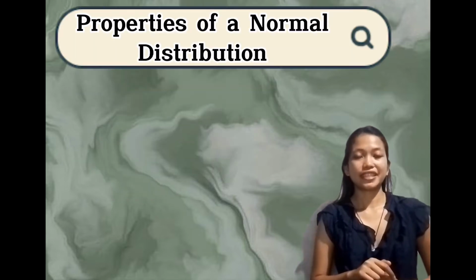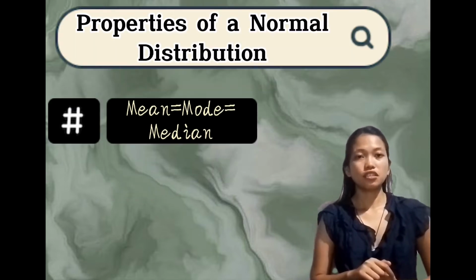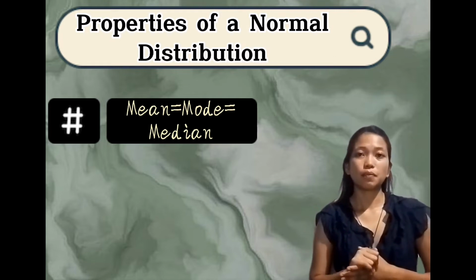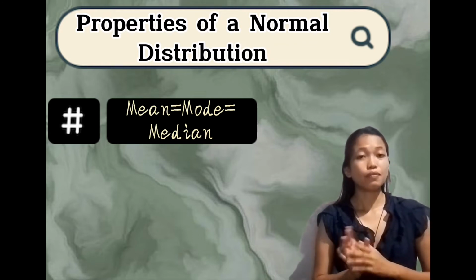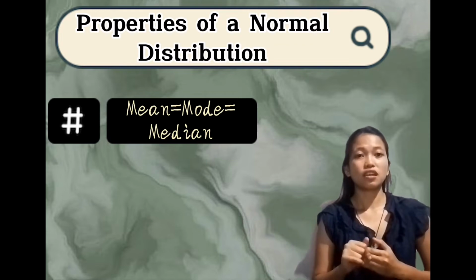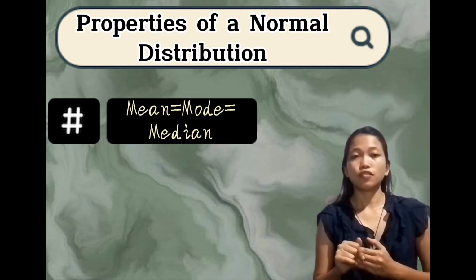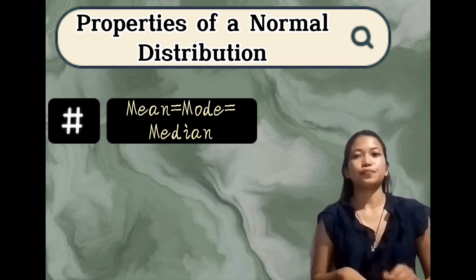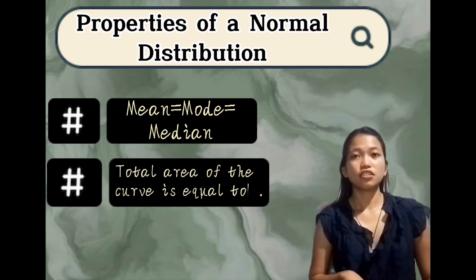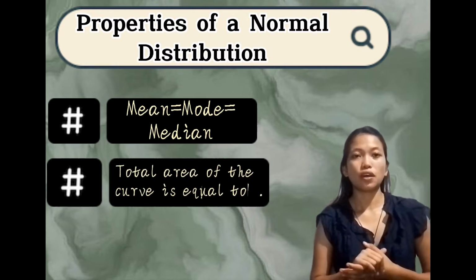The first property is, in a normal distribution, the mean, median, and mode are equal. Why? Since symmetric means both sides from the mean should be equal. If the mean, median, and mode are not equal, then the curve will not appear symmetric. The next property is that the total area under the curve should be equal to 1.